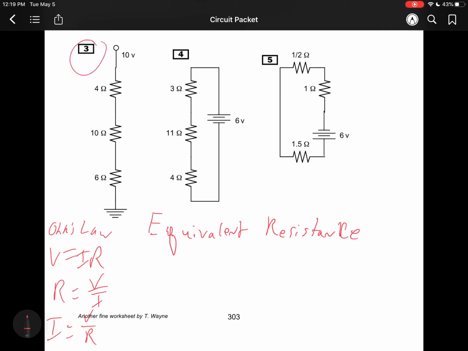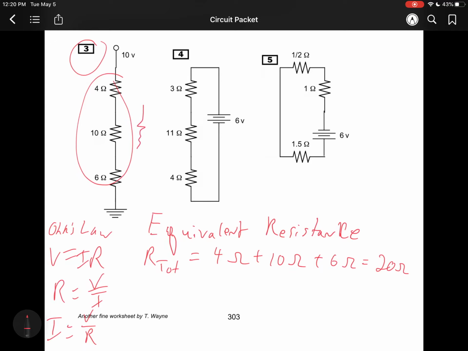Let's start with number 3 here. So if you want to find the equivalent resistance of a series arrangement of resistors, you just add them up. So when you add those up, you're going to get 20 ohms. So these 3 resistors are like one resistor that was 20 ohms.